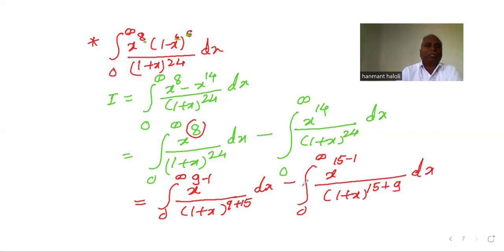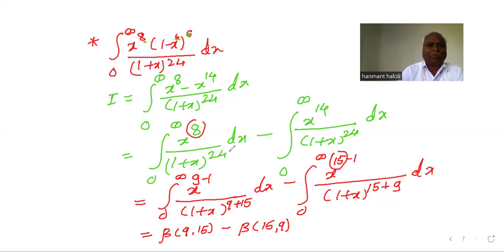Then these two are by the standard formula, and this is beta 9, 15, and the other is beta 15, 9.